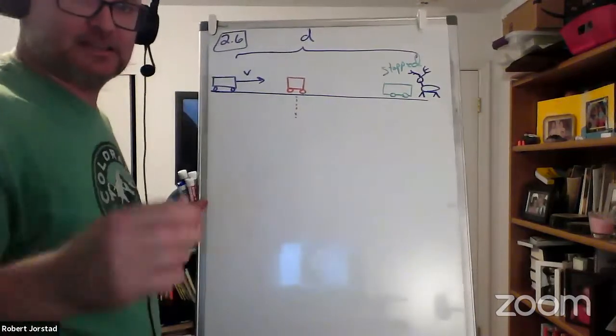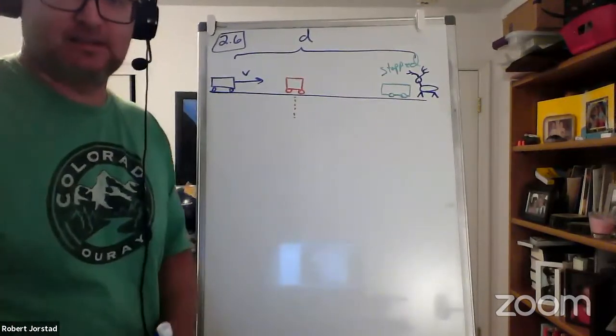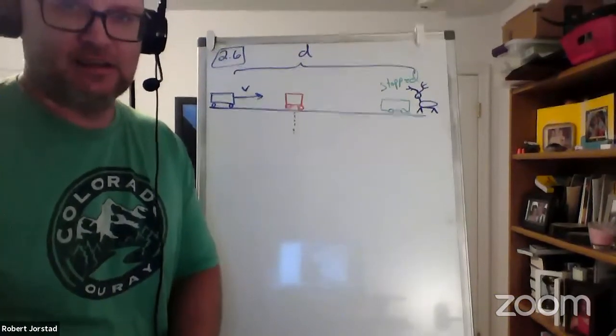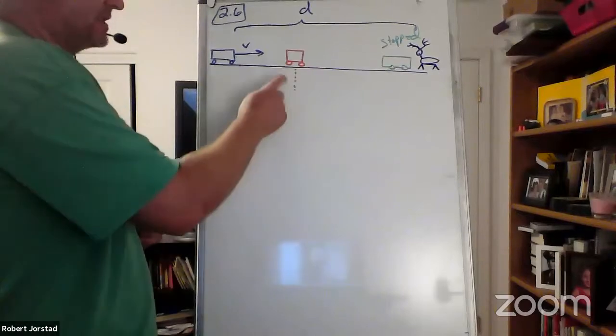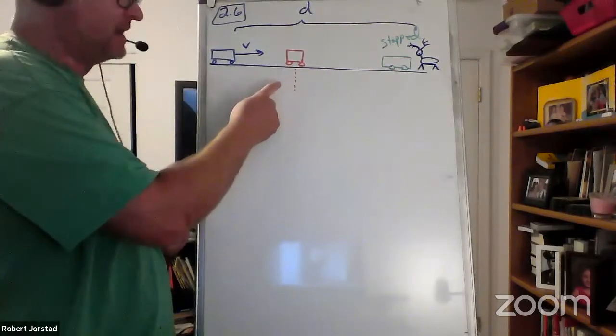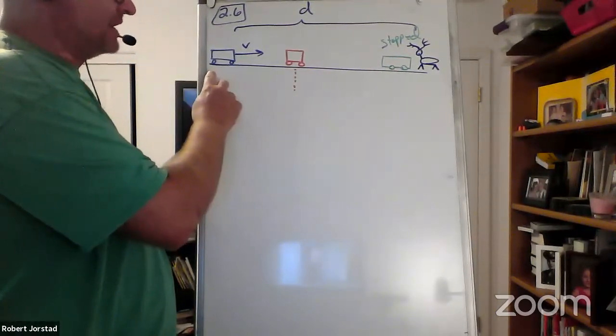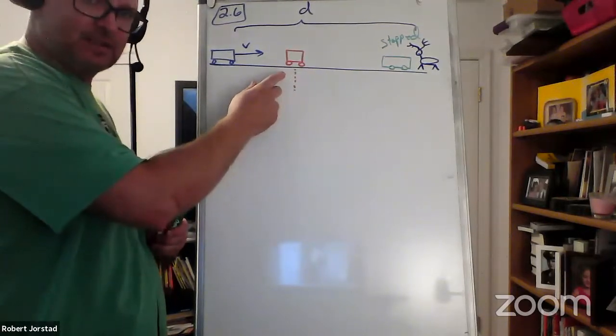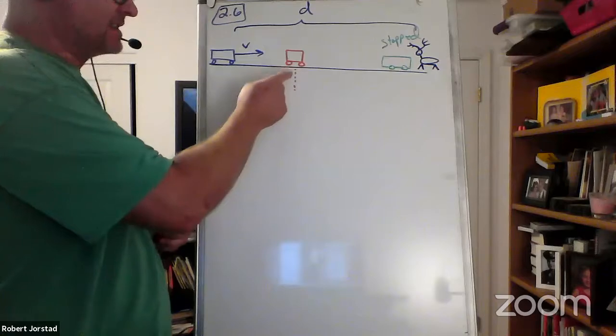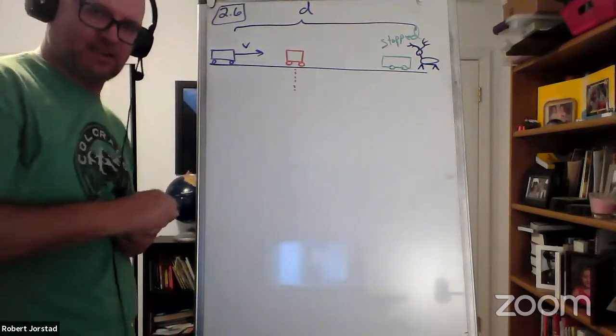And so I guess something I might ask you is, what is the speed at the start of this stage right here? He's reacting, or she is reacting, hits the brakes right here, or starts to hit the brakes. What is the speed at this instant, just as they start to hit the brakes?